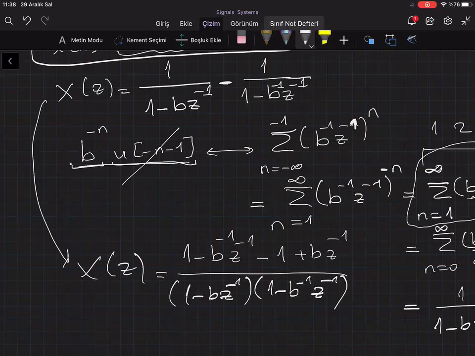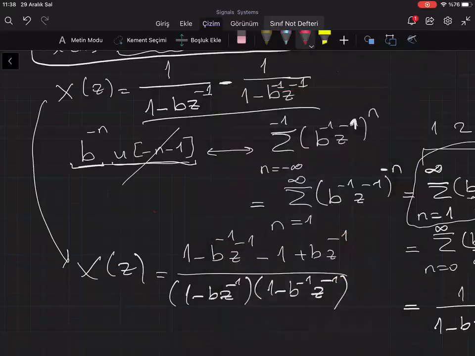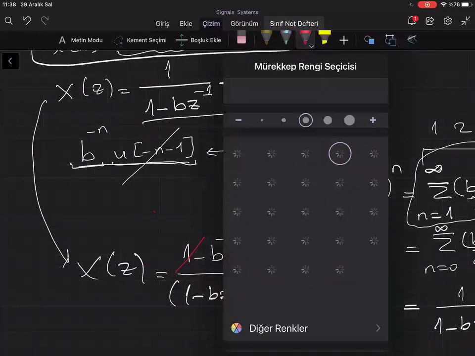Okay, now I wrote this by equating the denominators. Is this clear? Nurican, is this part clear, hocam? Yes, it's clear. So if I do this, these will go away.